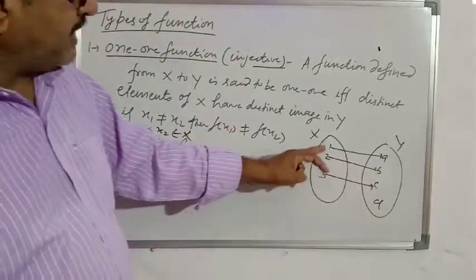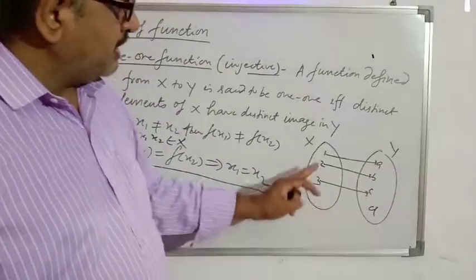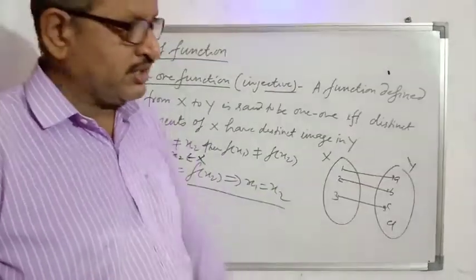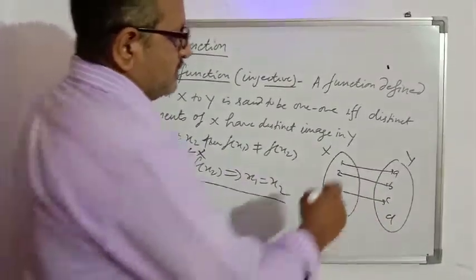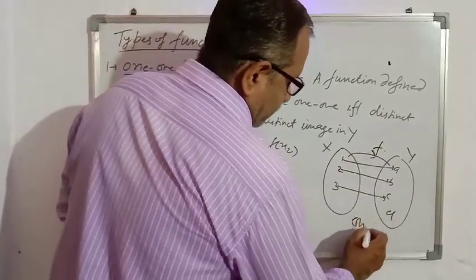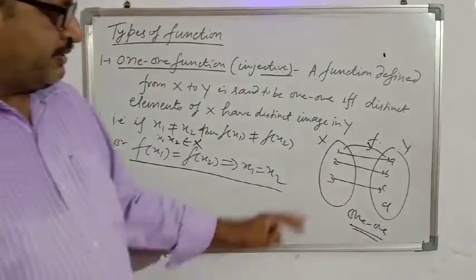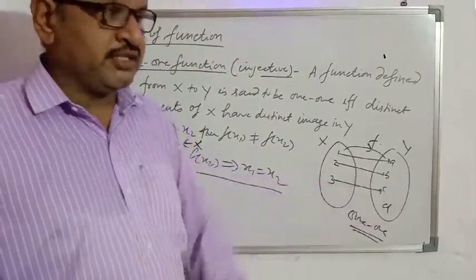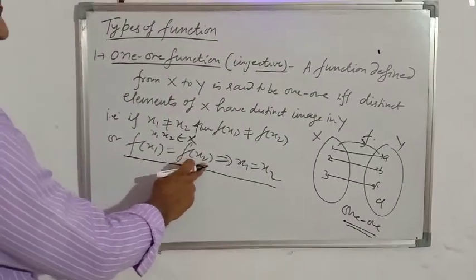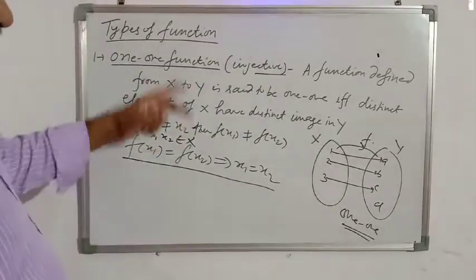So we see that different elements of set X have different images in set Y. Different elements are associated to different elements in set Y. Then this type of function is called one-one. Or we can say if f(x1) is equal to f(x2), then x1 is equal to x2. So it is a one-one function.